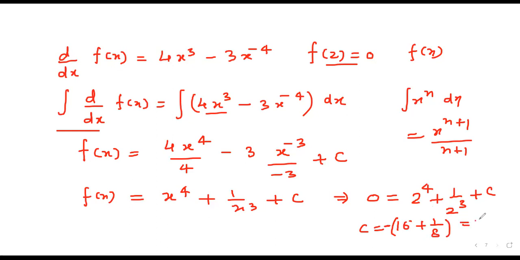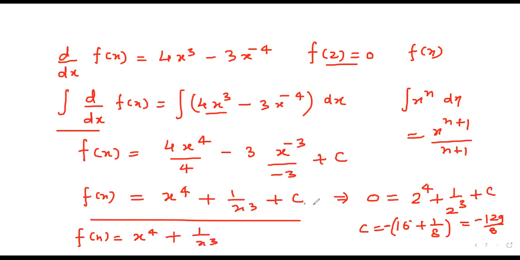That is minus 129 divided by 8. Now from this equation, we can get f(x) equal to x power 4 plus 1 upon x cube, and value of c is minus 129 upon 8. So minus 129 upon 8. So this is the answer. Thank you for watching.